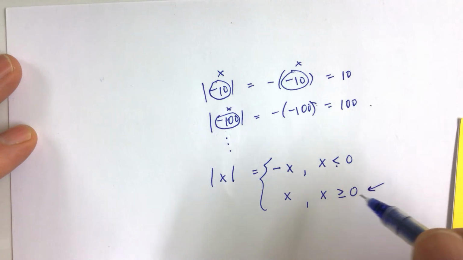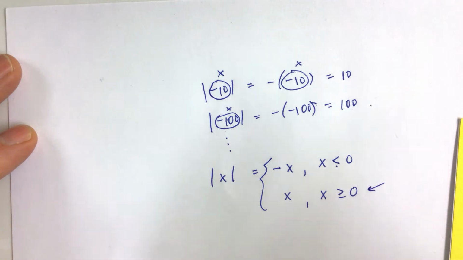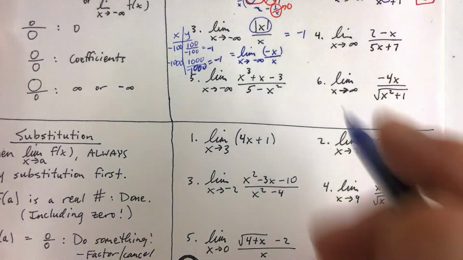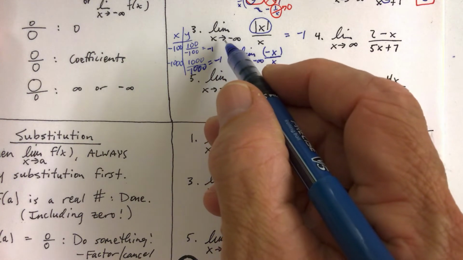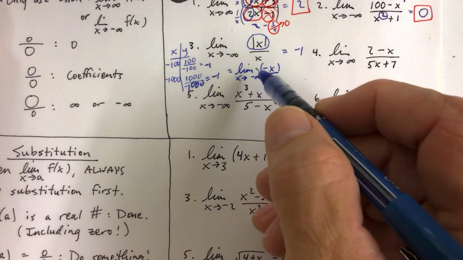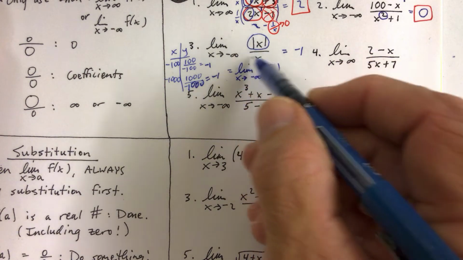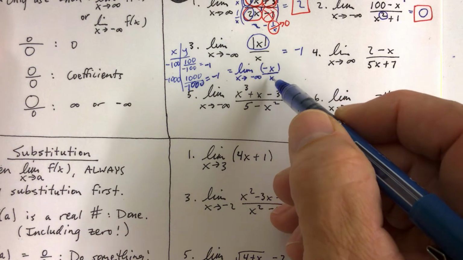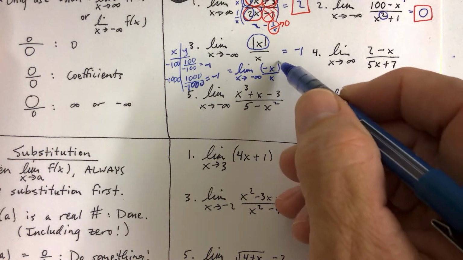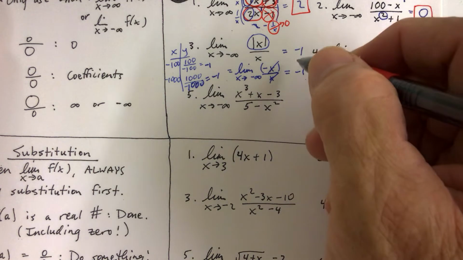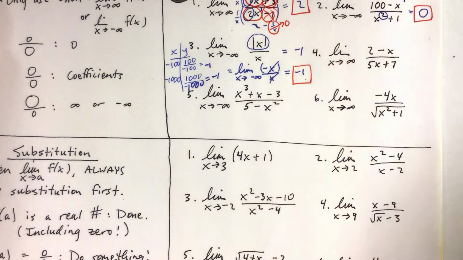And so back to the original problem, number 3. Since x is negative, I mean, you can't get more negative than going towards negative infinity, we could rewrite this limit expression as the limit of the negative x, or the opposite of x, over x. And here the x's even cancel, and you just get negative 1. So no matter how you slice it, you still get negative 1.